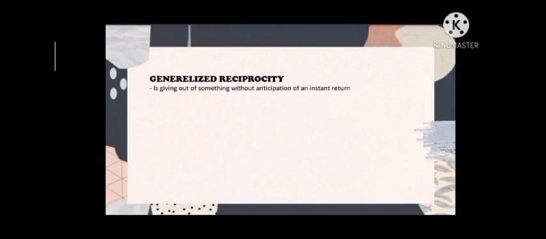Generalized reciprocity is giving something without anticipation of an instant return. It is the true gift, without the obligation to reciprocate. The exchange of equally valuable goods, repressed by the social side, and debts are avoided. The time of the return gift is indefinite and not qualified in quantity or quality.